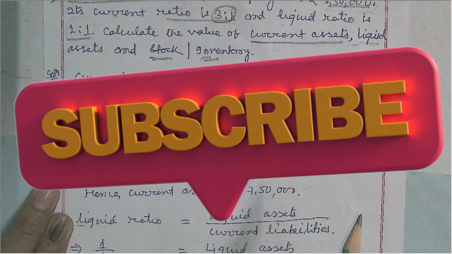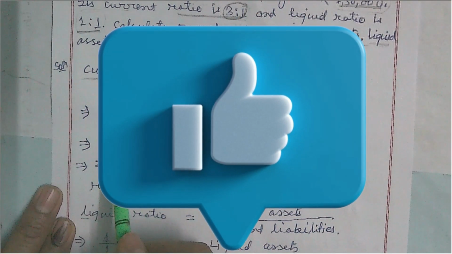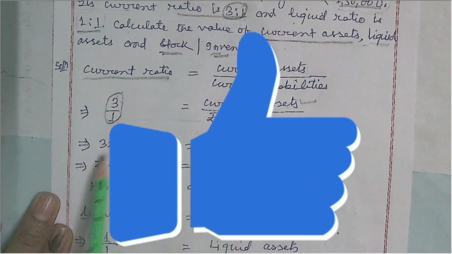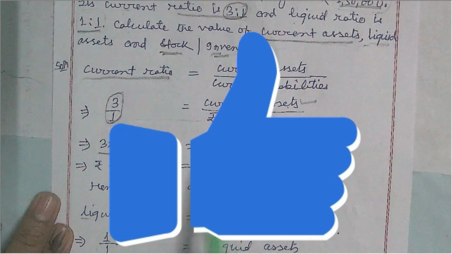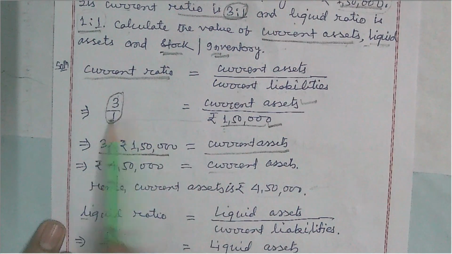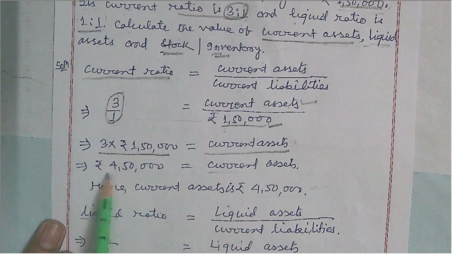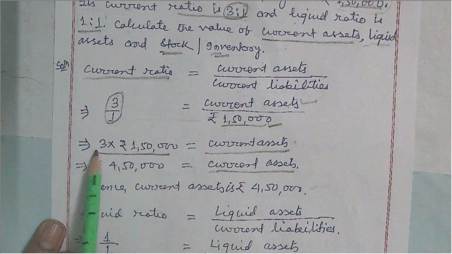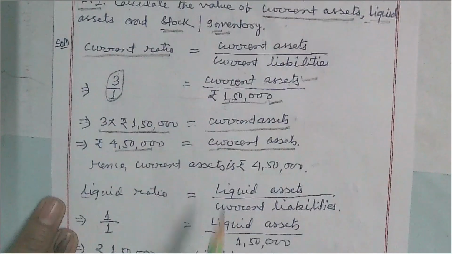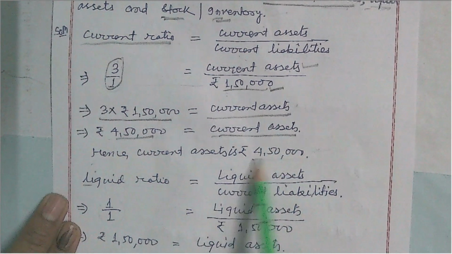Putting this value in the formula, current ratio is replaced by 3/1, and then cross multiplication. So 3 into 1,50,000 equals current assets, and writing 1 is of no use, so 4,50,000 equals current assets. When you multiply 3 into 1,50,000, you get 4,50,000, hence the value of current assets is 4,50,000.